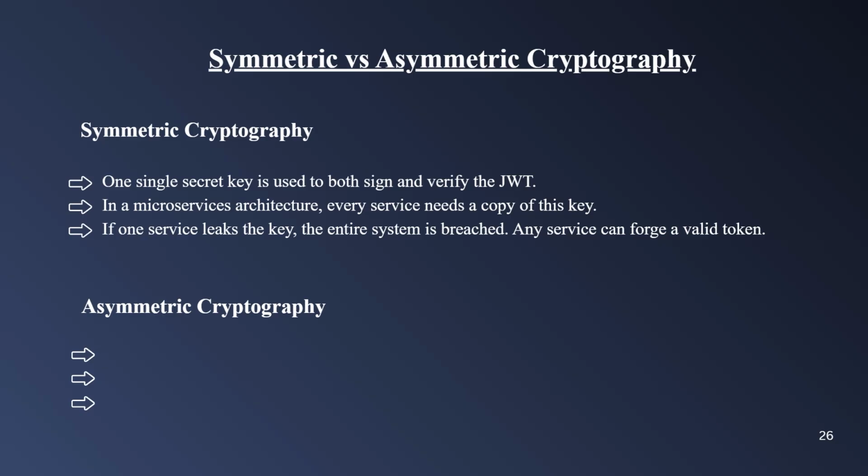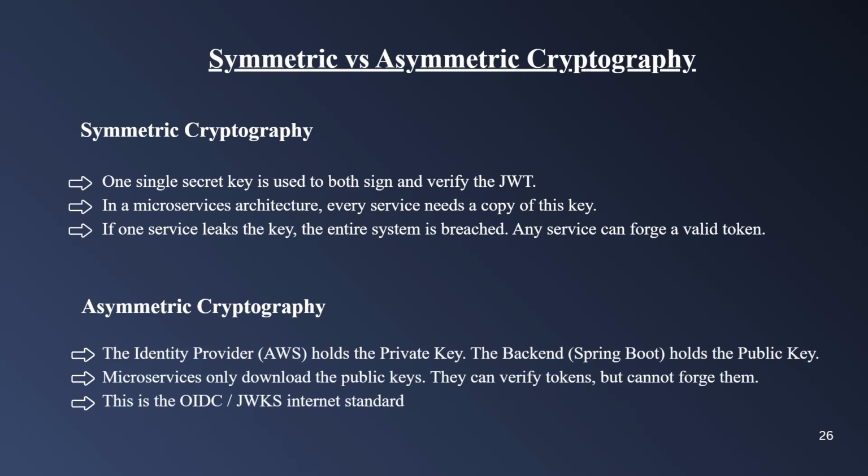The one key both signed and verified through signatures, right? So like I mentioned, if this key is leaked, that causes a problem, because it's a massive security vulnerability, right?